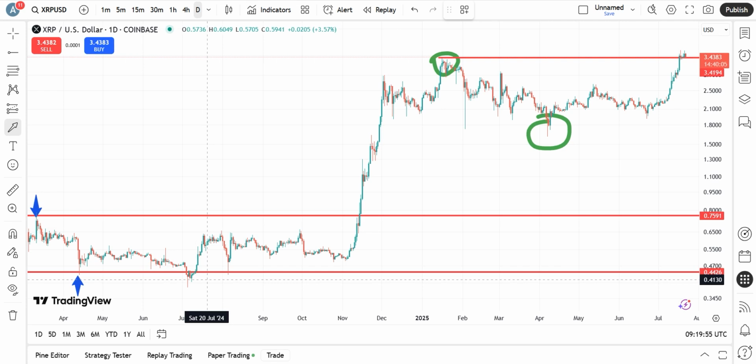It's not been fully broken, so it again verified that it is a good support, and it pushes the price upward, and you see it was strong enough to push it until this resistance.